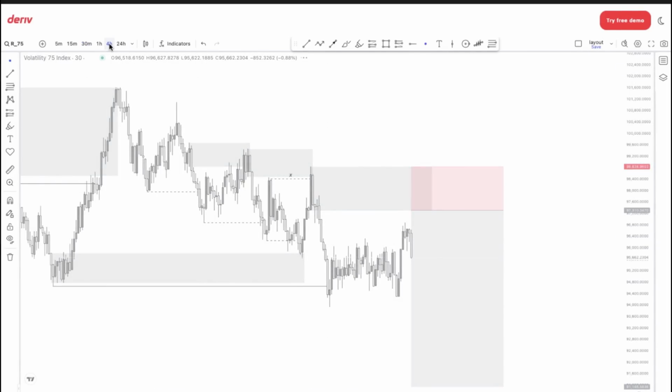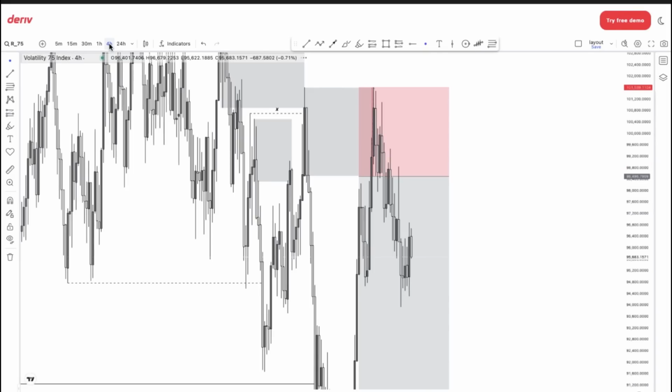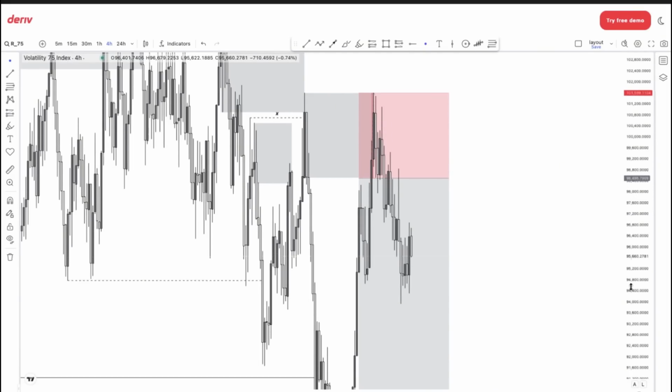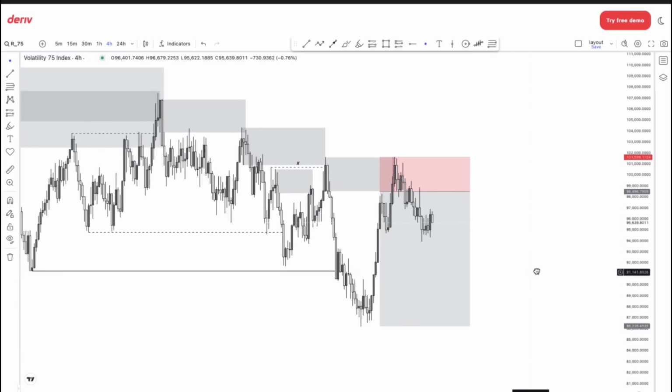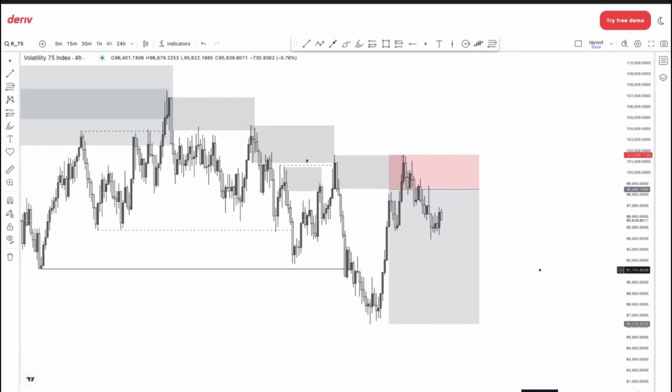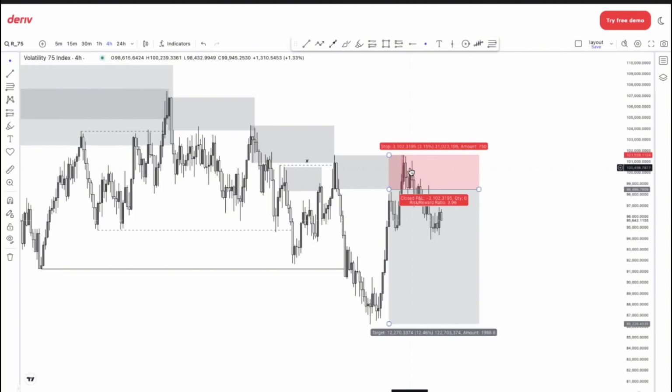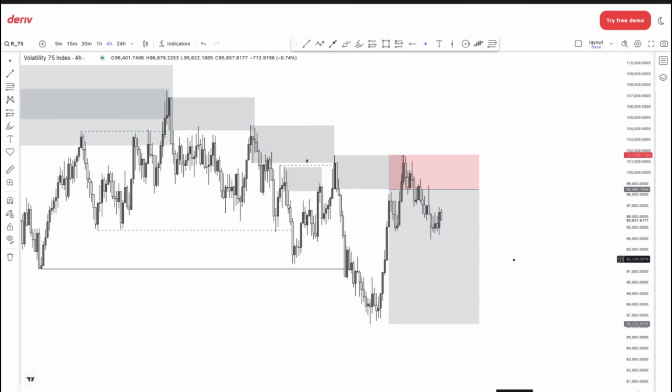But do not forget that I've already executed a trade based on the 4-hour time frame order block, because I have been anticipating that price will eventually pull back to the 4-hour time frame order block. But right now, I'm looking for those re-entries, because I'm seeing that the 4-hour time frame order block is currently holding price. And right now, I might start scaling in order to maximize my profits.